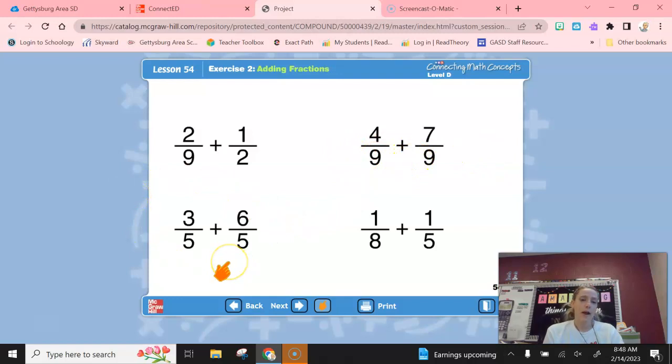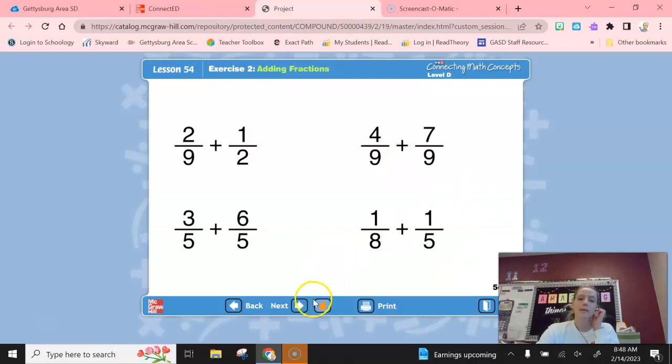How about these two fractions? Yes, because 5 and 5, the same denominator, I can add together. And this one? You should say no. 8 and 5 are not the same denominator. You would have to change them, and I'm going to show you how to do that eventually, but you cannot add them like this.